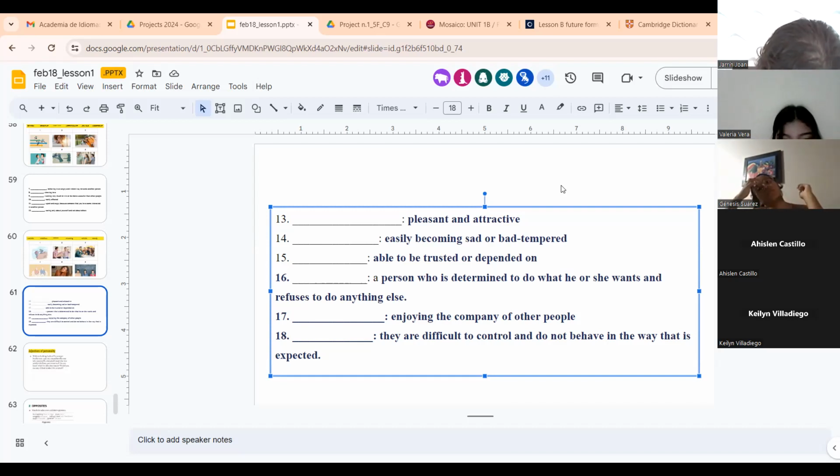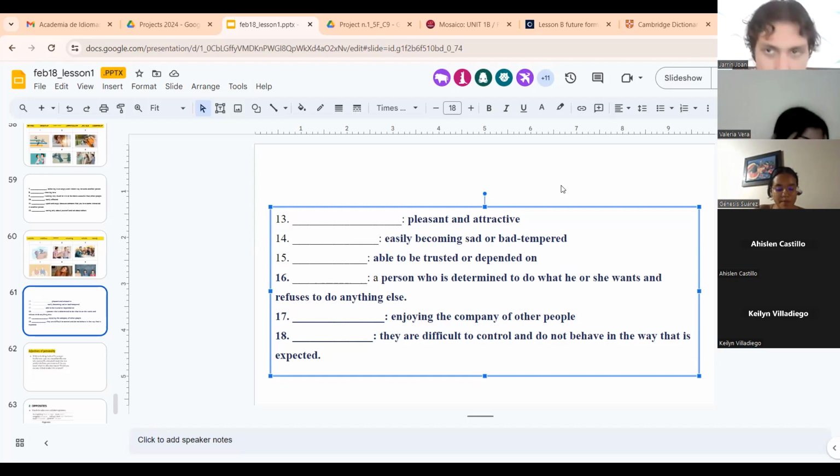Charming, no. Charming was in number 13. Reliable. Reliable, right.